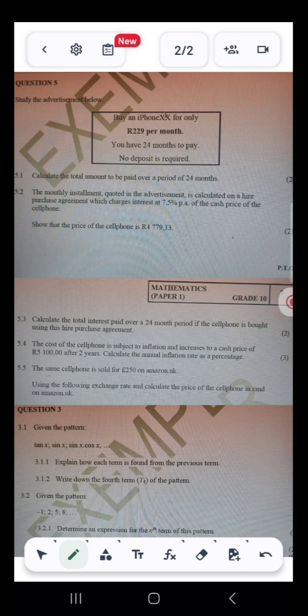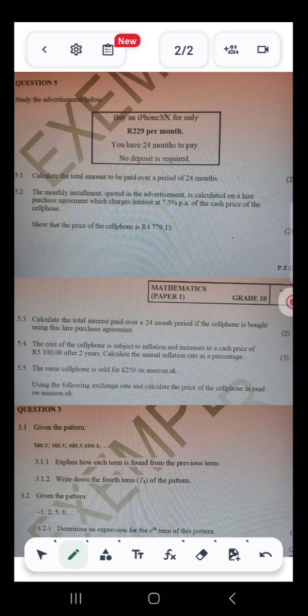In financial maths, we have to start by reading some information. Before you even start to answer the questions, just study whatever information is given.